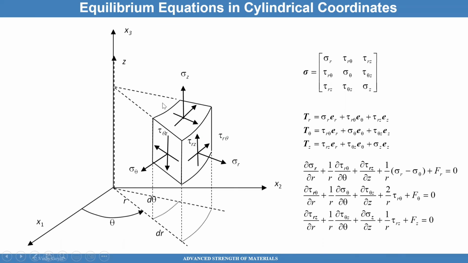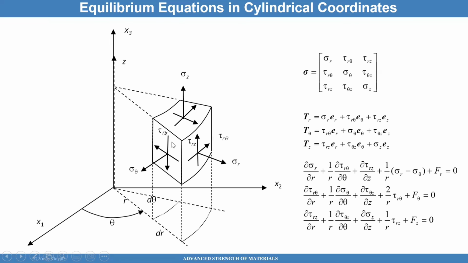In a cylindrical system, the z direction is your revolution axis. The radial direction is going away from the z direction. And then the theta direction is perpendicular to the r direction and is called the tangential direction.